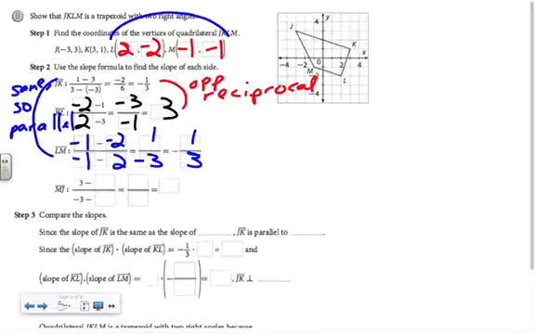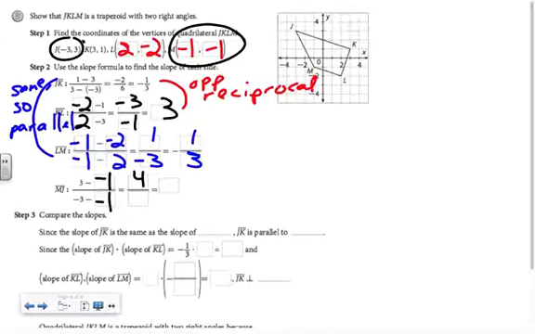Finally, we're going to find the slope of MJ. That's these 2 points. And that will be 3 minus -1 over -3 minus -1. So that's 4 over -2, which is -2.